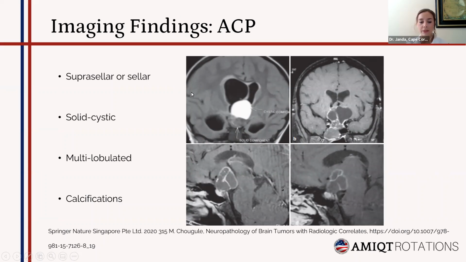The post-contrast coronal and sagittal images very nicely depict the lobulated appearance. They also show a mild enhancement of the solid component, no enhancement of the cystic component, and very strong enhancement of the cystic walls. ACPs also very commonly have calcification areas, but those are better seen on CT scan.